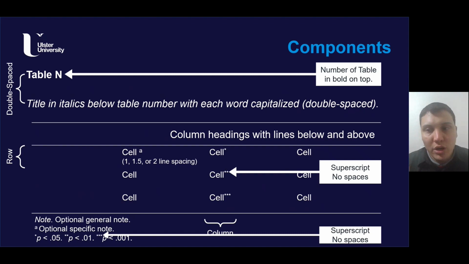Usually you are encouraged to show the exact p-values unless they are smaller than .001. If they're smaller than .001, APA style requires you to just say that p is smaller than .001. But if it's bigger, you are encouraged to show the exact p-value. Now, when we are doing that in a table, using these asterisks, what we are trying to do is exactly to not show the exact p-values because you have a reason to do so in this particular table.